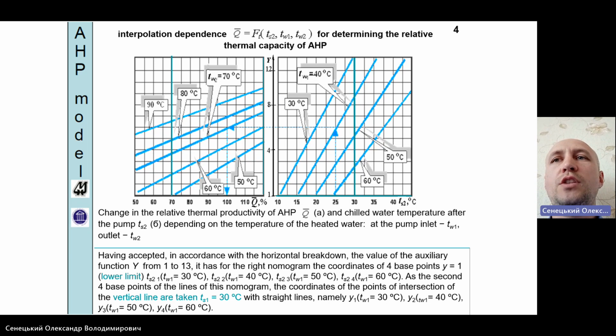To approximate each of the four straight lines on the right side of the nomogram and five on the left, it is enough to specify the coordinates of two points. Based on these conditions, the base points were interpolated using a one-dimensional spline.